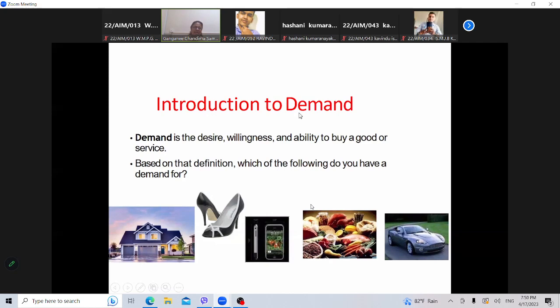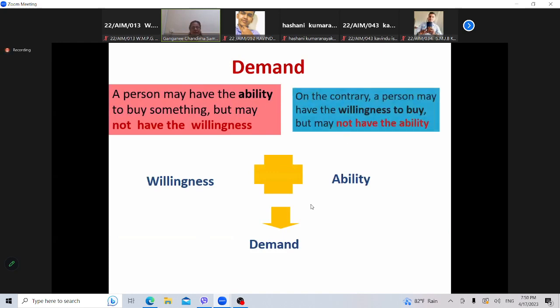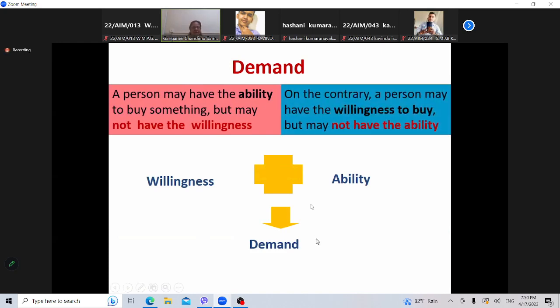So demand means not only desire and willingness; you should have the ability or financial power to take this product. So demand means willingness plus ability. Maybe a person may have the ability to buy something. You have money, of course, to purchase this very good house, but you may not have the willingness. You don't like it.